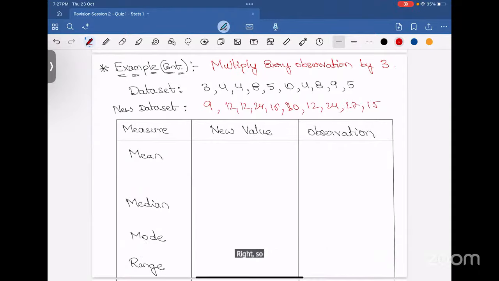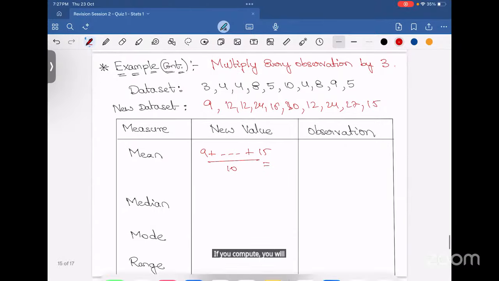Right, so now if I compute the mean, what will happen to the mean? If you sit and compute 15 by 10, you will get the mean to be 18, which is 6 times 3.